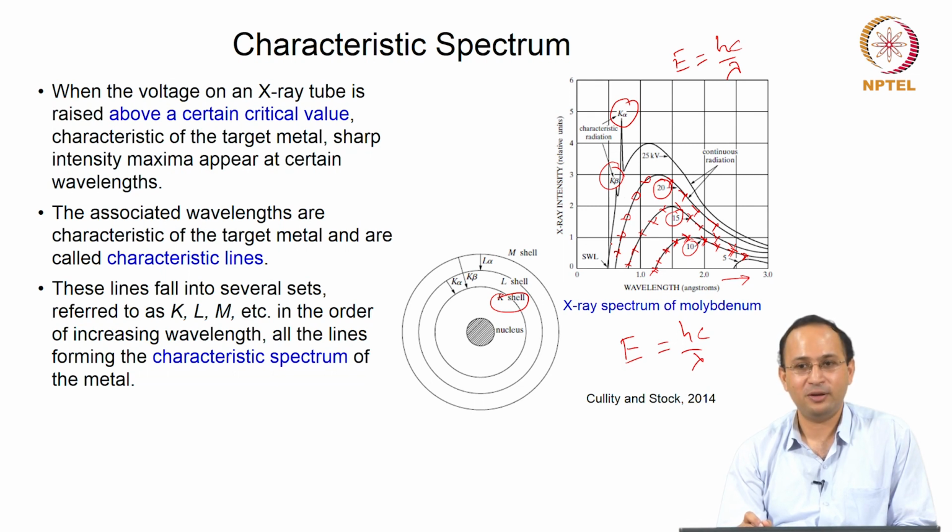Monochromatic means we want only one lambda. Here you are getting that unique lambda. Next slide I will go over this. Right now you can see K alpha and K beta. You can say you have two wavelengths, but there are ways to filter it out. At least you know that if you have to get a unique wavelength, you can get it. That is the characteristic line of that particular target metal.